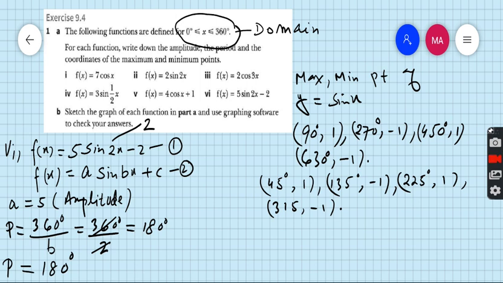But this is not our final answer. Now we have to find the y value of each coordinate.